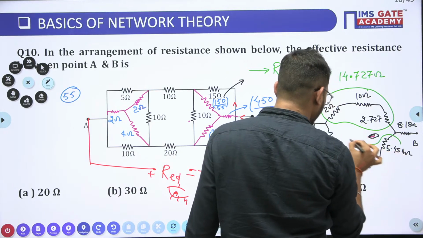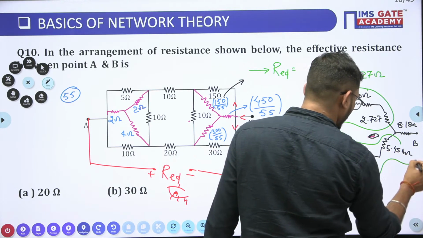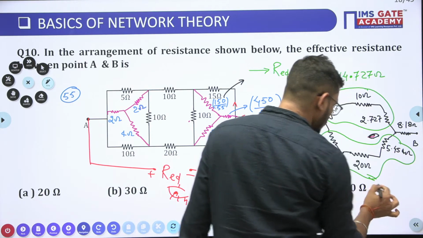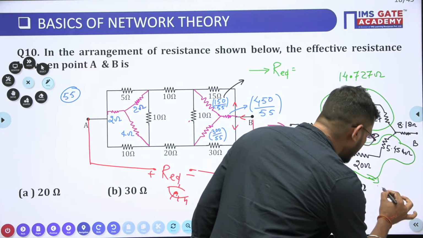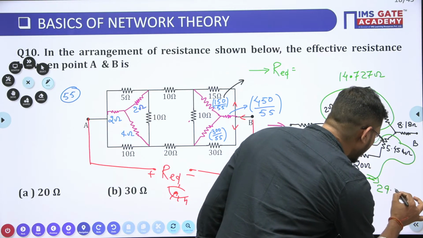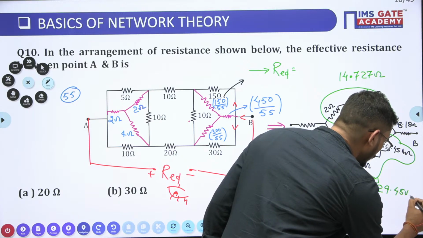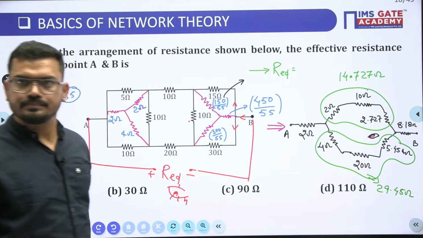What about this? This is 4 plus 2 and 20, so 24, and this is 5 point this, so this is 29.45 ohm. Is it clear now?